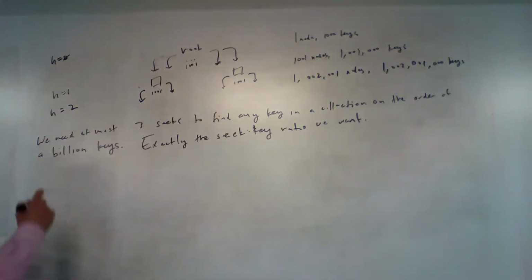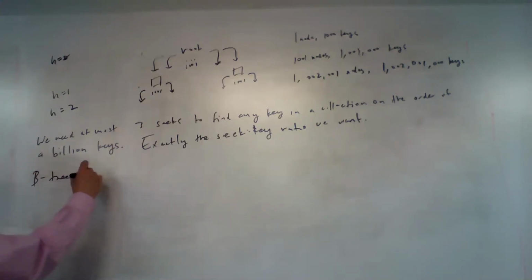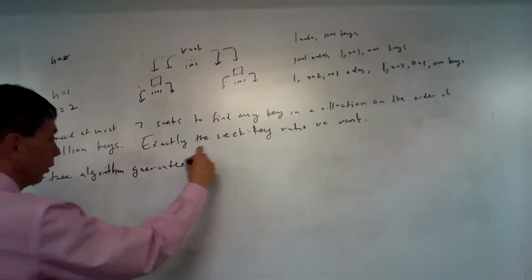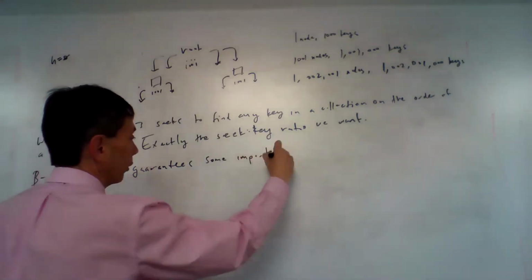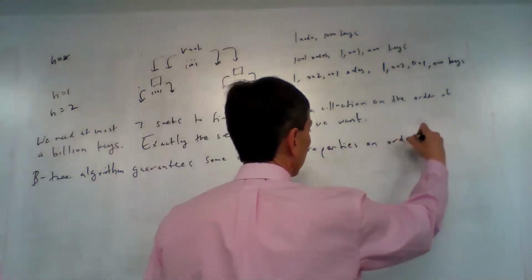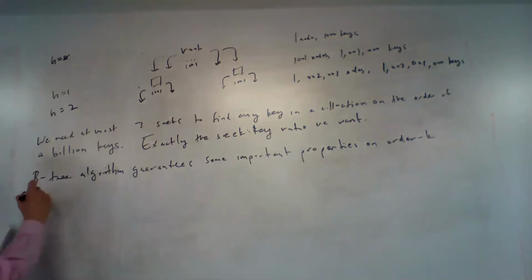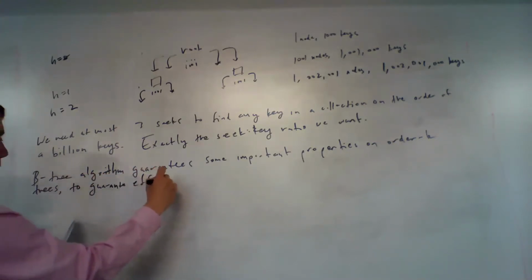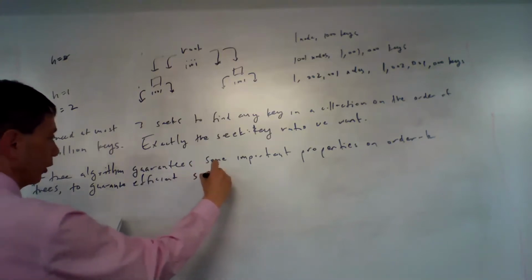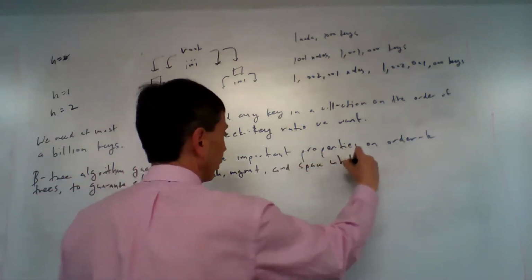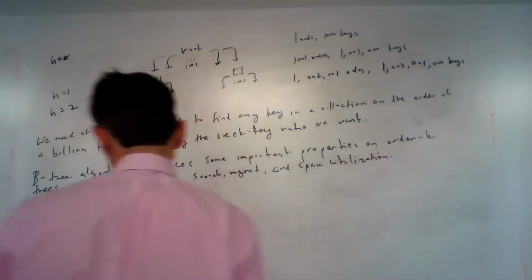So the B-tree algorithm guarantees some important properties on order k trees to guarantee efficient search, management, and space utilization.